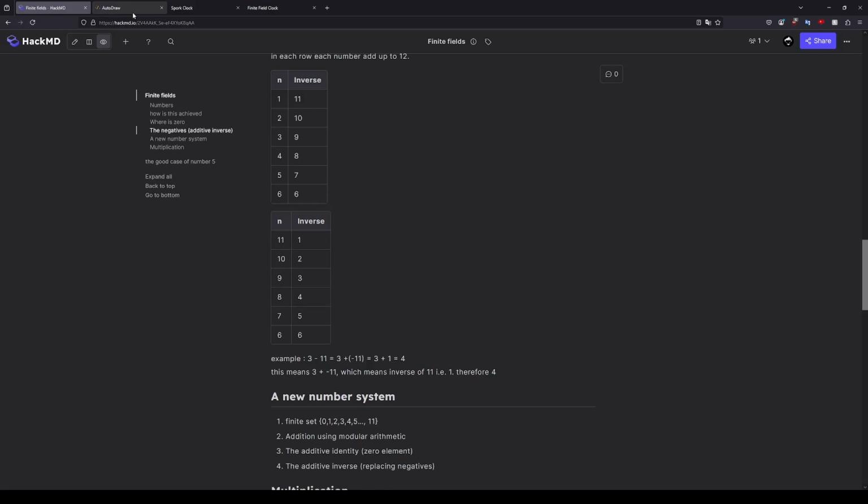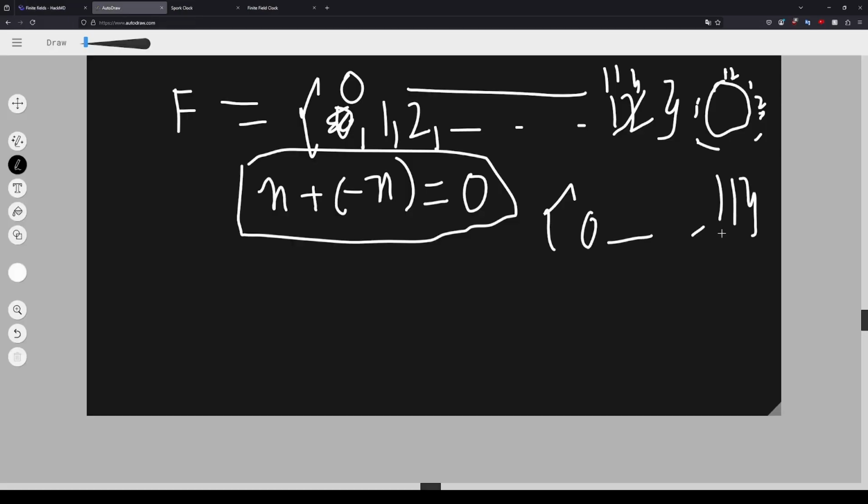So now we have a new number system, a finite set from 0 till 11. We do addition using modular arithmetic. The additive identity we establish, which is 12, basically the zero element, we call it.